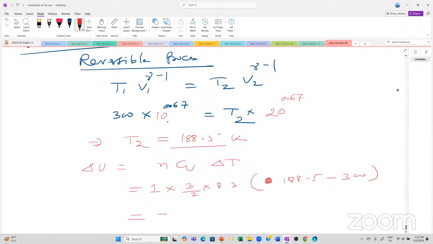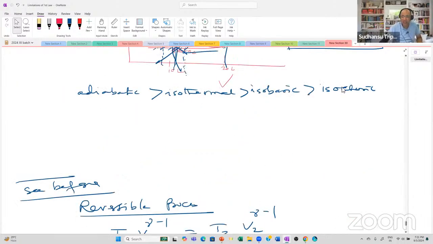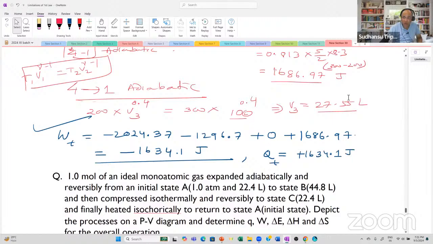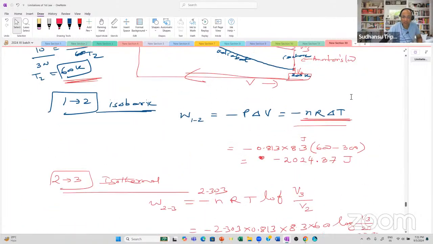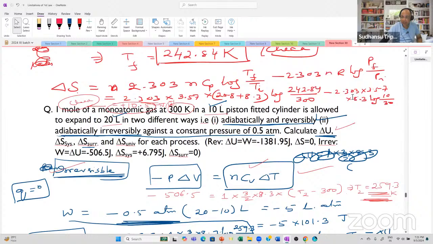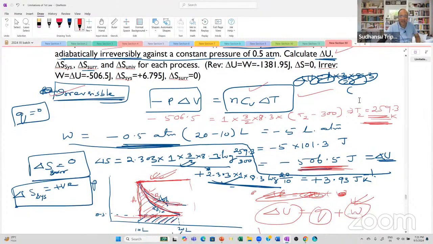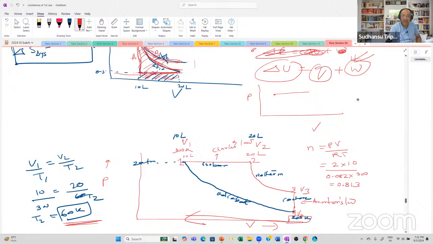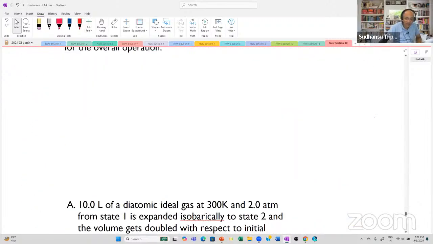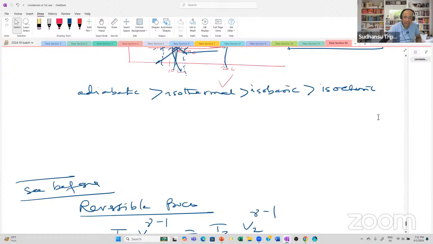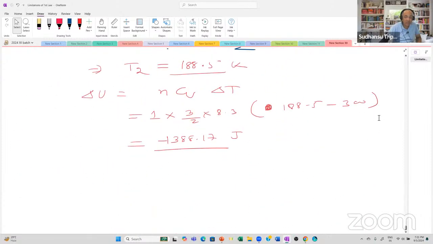Sir, minus 1388.17. Now you see the internal energy change in the irreversible process was so small. It was only 500 something, 506 only, because it is a small rectangle. And in the case of reversible adiabatic expansion, it is some 1388.